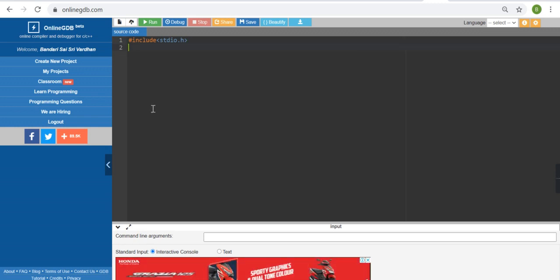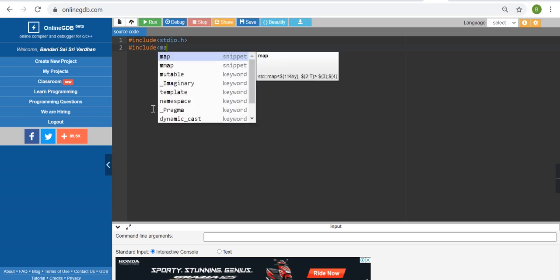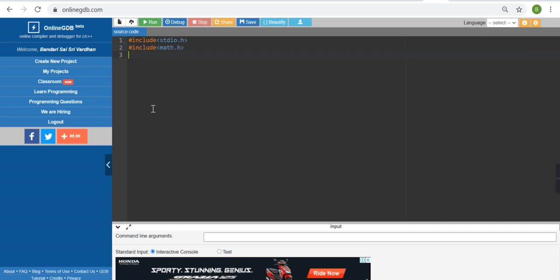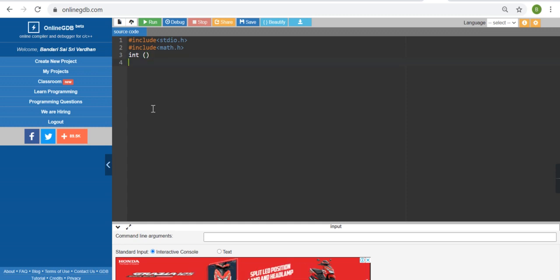Now we are going to use some mathematical expressions in the quadratic equation program, so we are using another header file which holds all the mathematical expressions. That is #include <math.h>, a header file which holds all the mathematical expressions.